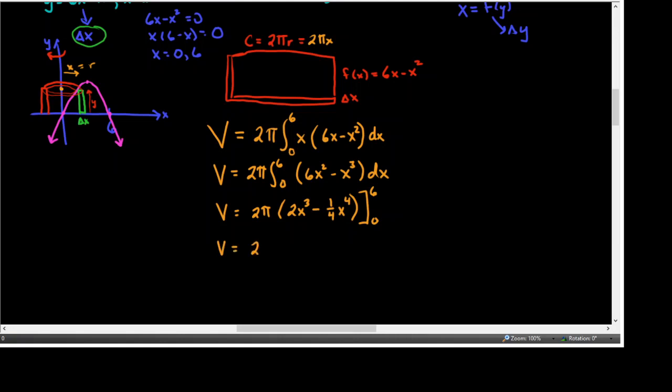So we substitute in 6, the upper bound, first. For each x, we substitute in a 6, minus, and then we substitute in the 0 for each x.